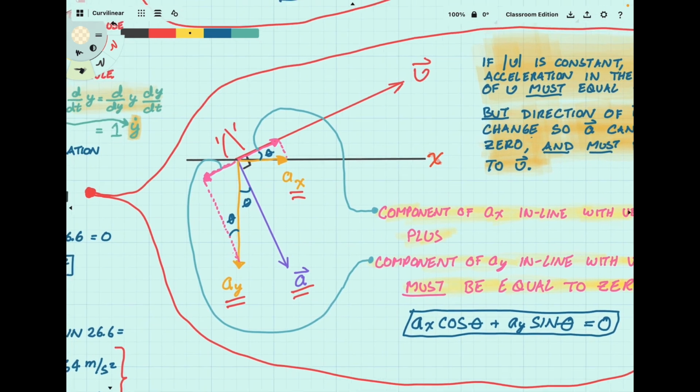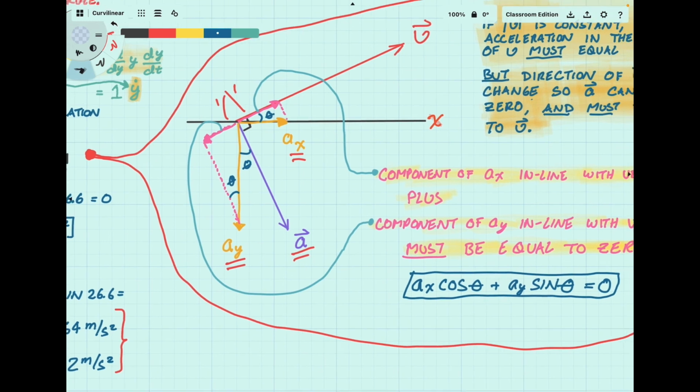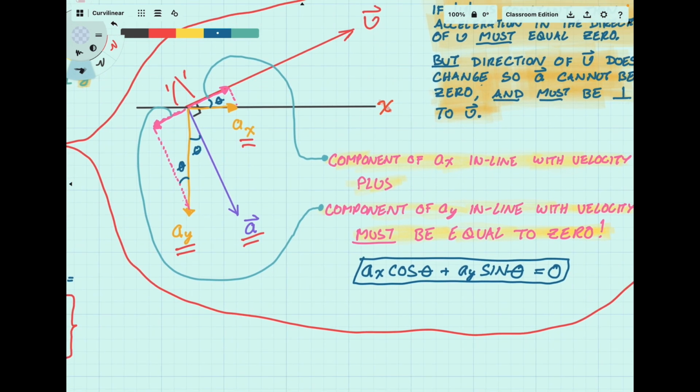And then we know the angle of velocity relative to direction x, because we found that up above as 26.6. Through some right angle similarities, that angle theta carries through the problem in other locations, which are shown there. Breaking the ax and ay vectors down into those two pink components, we get ax cosine theta plus ay sine theta is equal to 0.